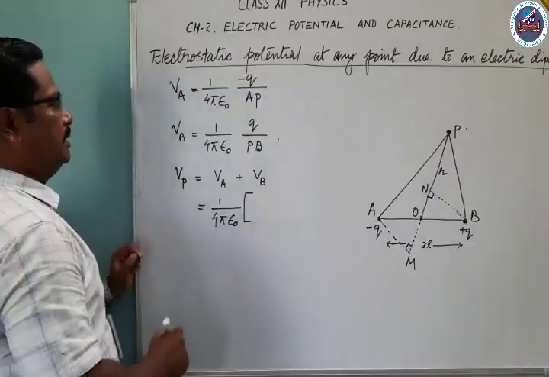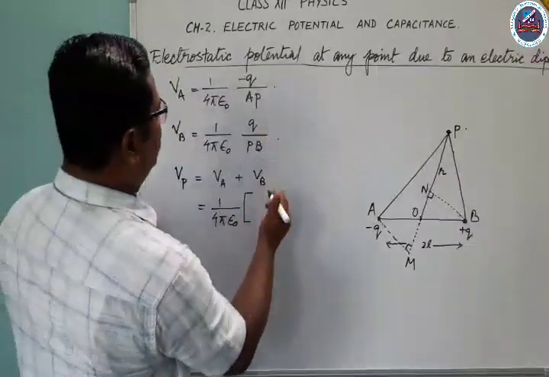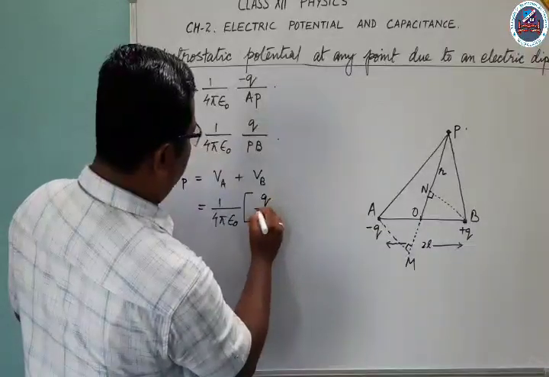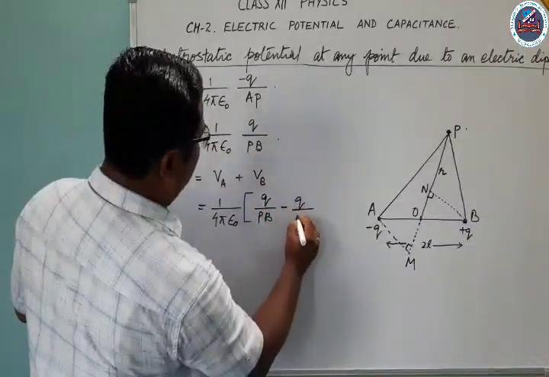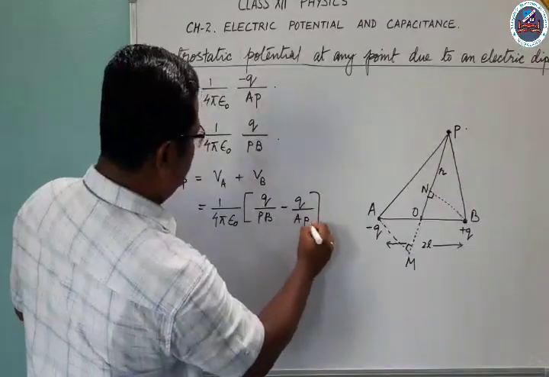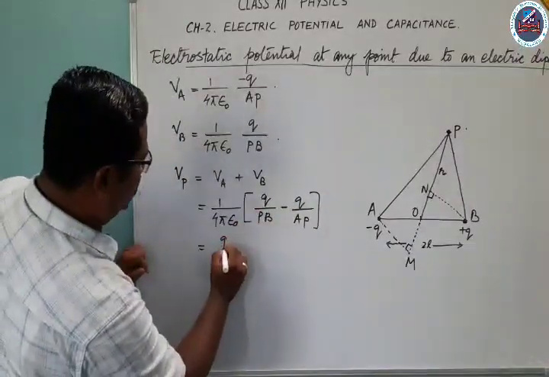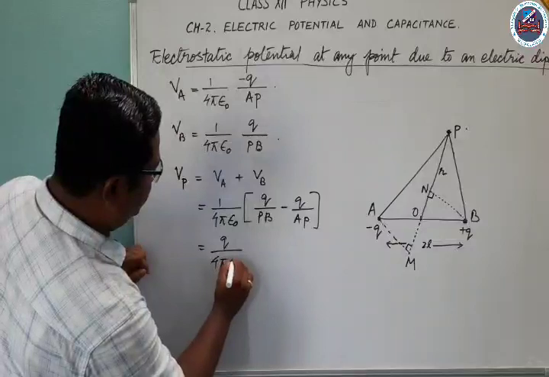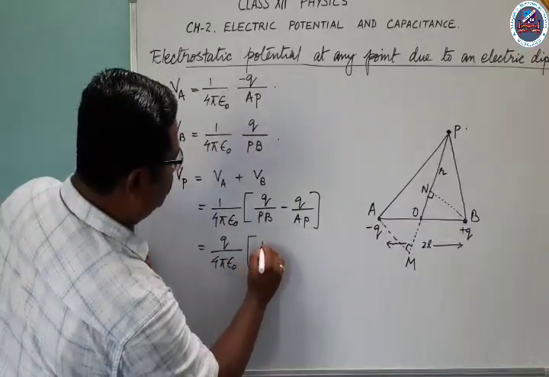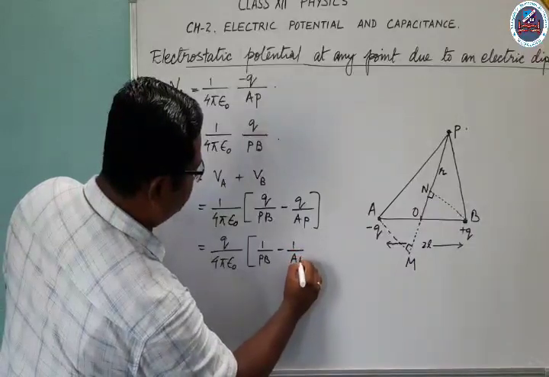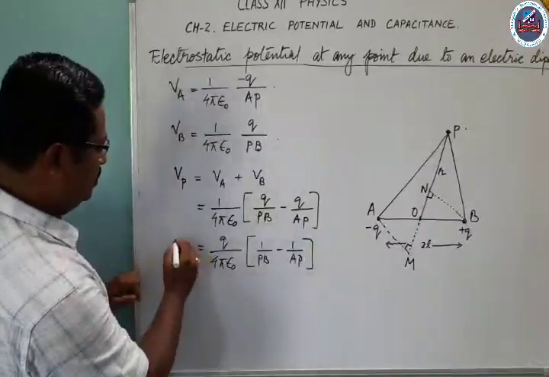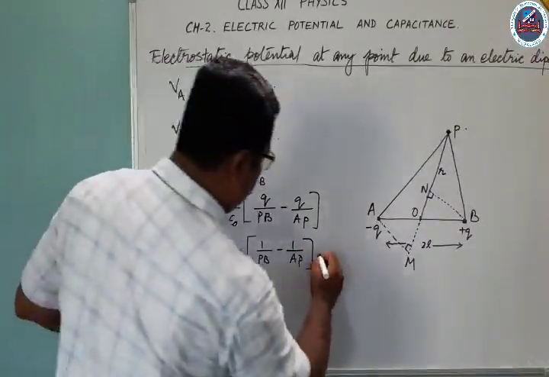If I take it like this, with the positive one first, Q divided by PB minus Q divided by AP. Taking Q common, Q by 4 pi epsilon naught times 1 by PB minus 1 by AP. Now let us mark this as equation number 1.